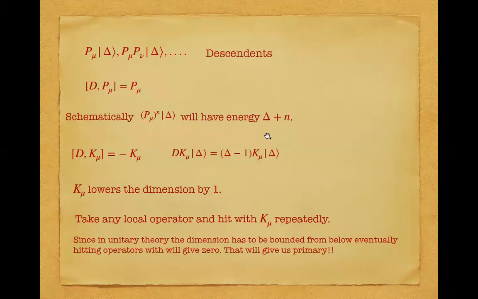Similarly, we have also seen the action of K mu on a state which gets mapped to a primary operator at the origin. That state will have lower energy; this lowers the dimension by 1. Suppose you keep hitting this state with K mu.